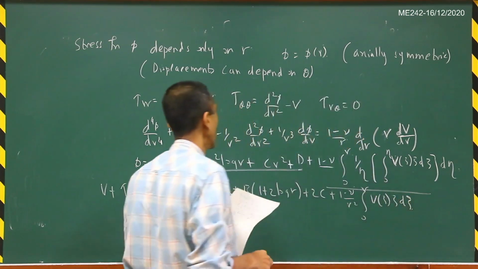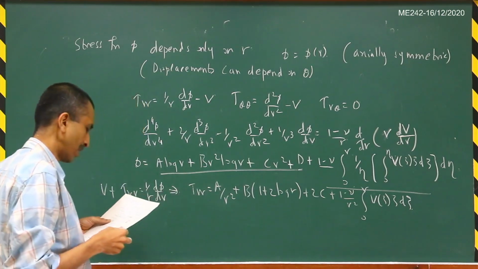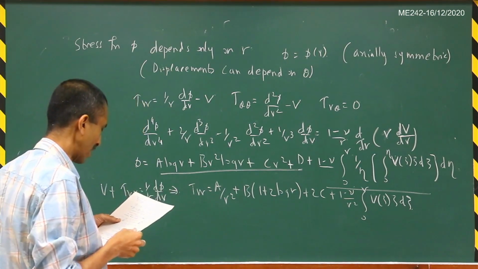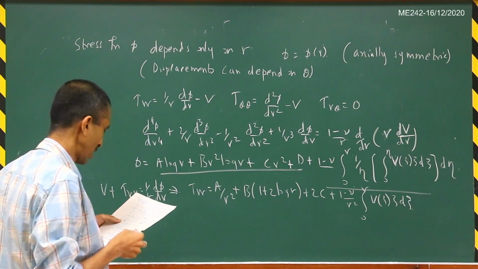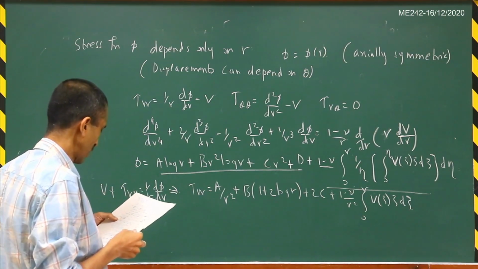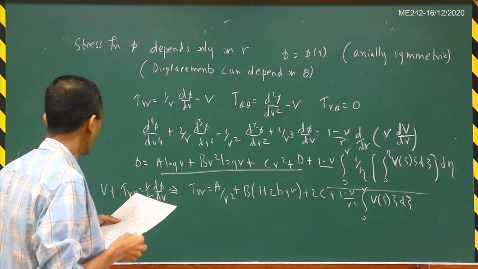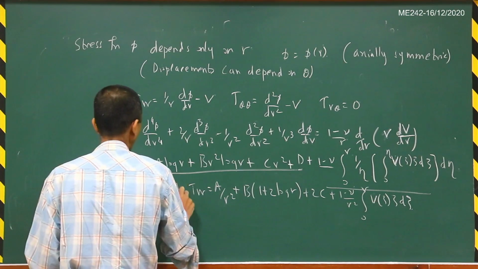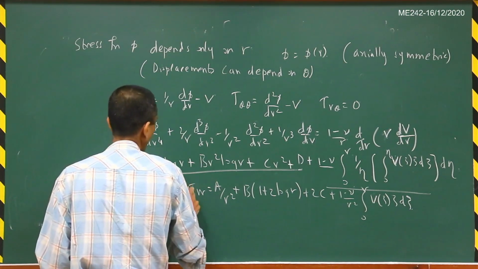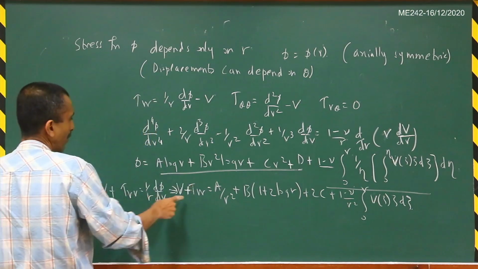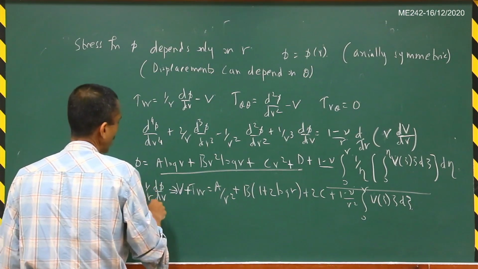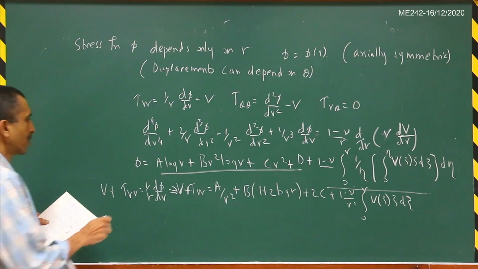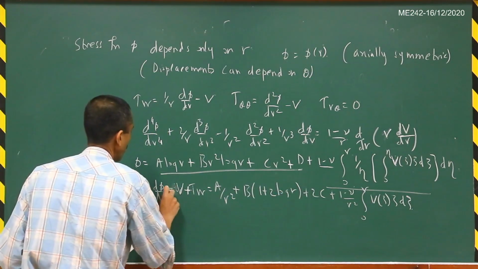So this is the expression for the stress component tau rr. I'm sorry, this is v plus tau rr, and 1 by r d phi by dr is whatever is written on this side here. So let me just rewrite this.